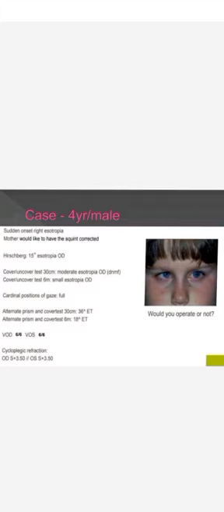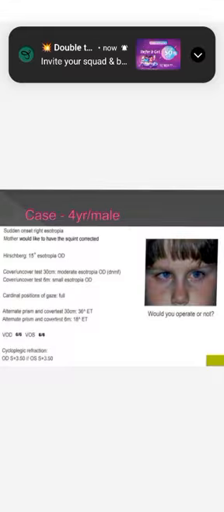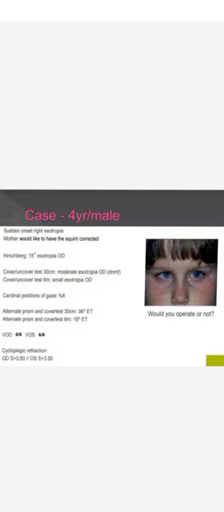Cardinal positions of gaze are full. Alternate prism and cover test at 30 cm is 36, and at 6 meters is 8 in ET. Vision in OD is 6/6 and vision in OS is 6/6.